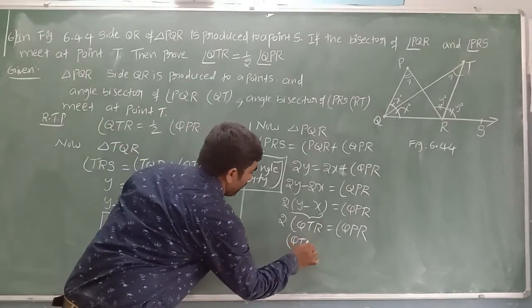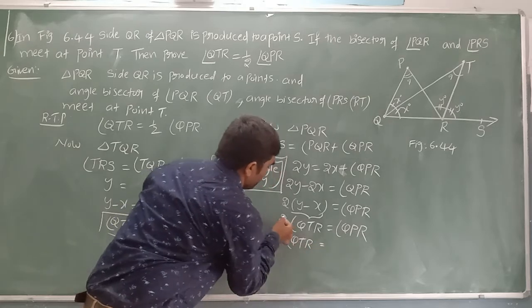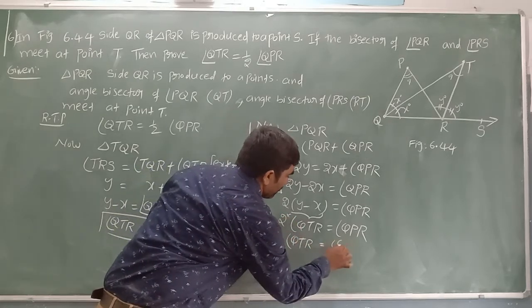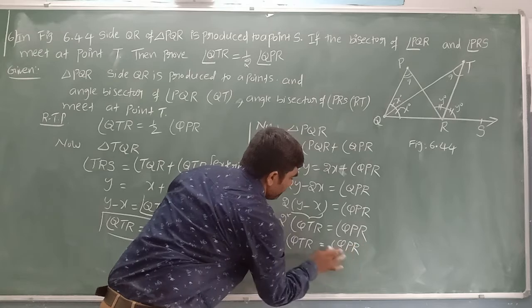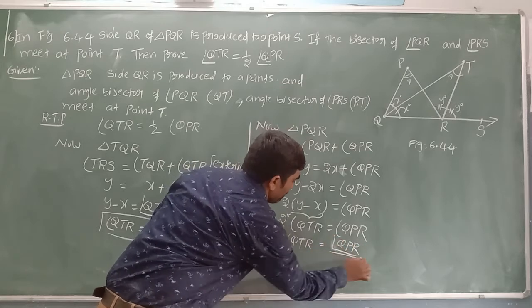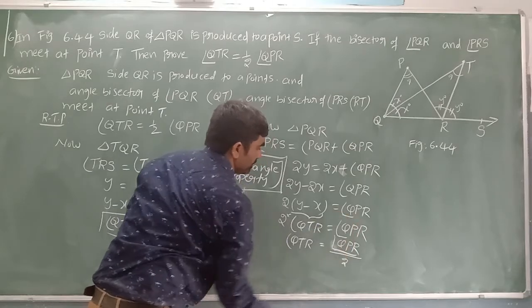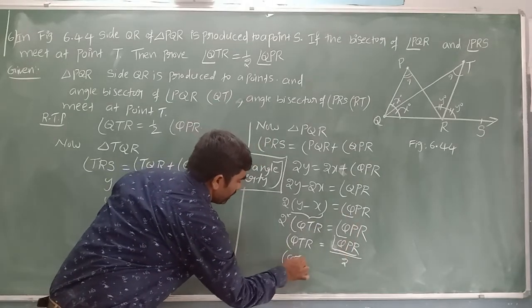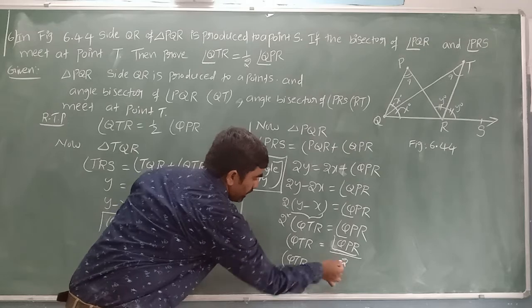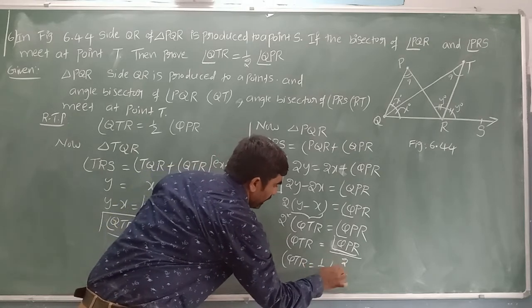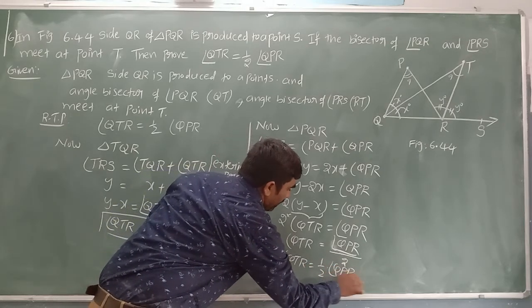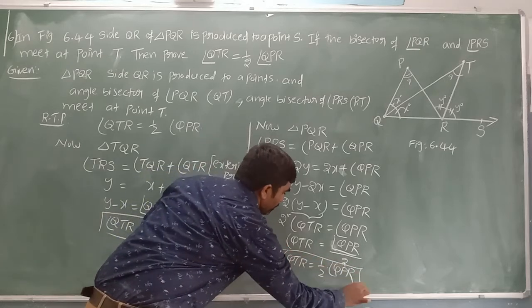Angle QTR is equal to angle QPR by 2. Now angle QTR is equal to half of angle QPR.